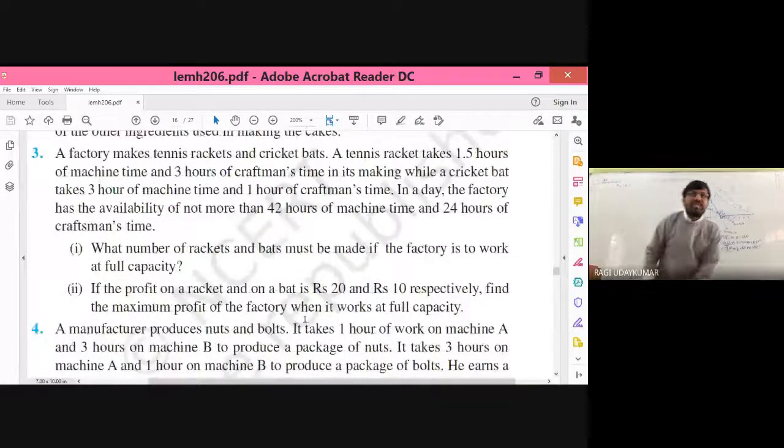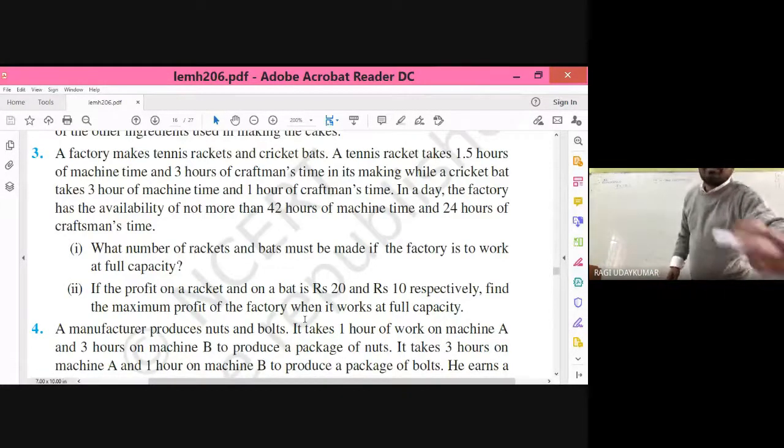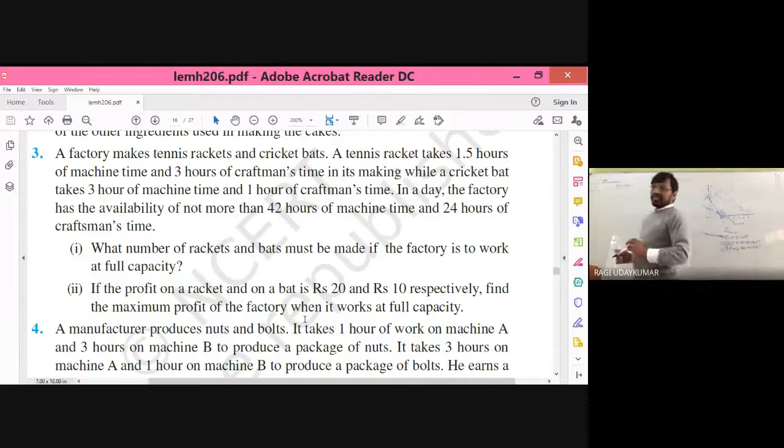The factory makes tennis rackets and cricket bats. A tennis racket takes 1.5 hours of machine time and 3 hours of craftsman work. Two works are there, machine time and craftsman work. So problem number 3, tennis racket and cricket bat both need machine work and craftsman work.